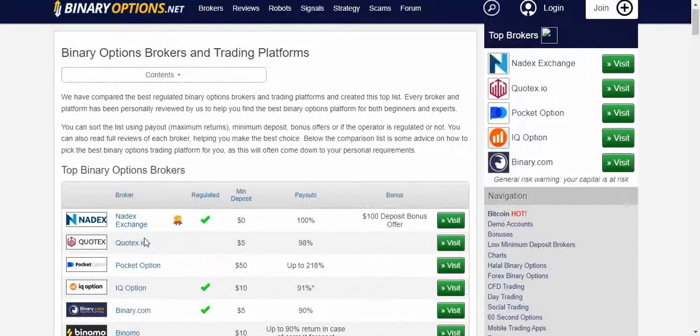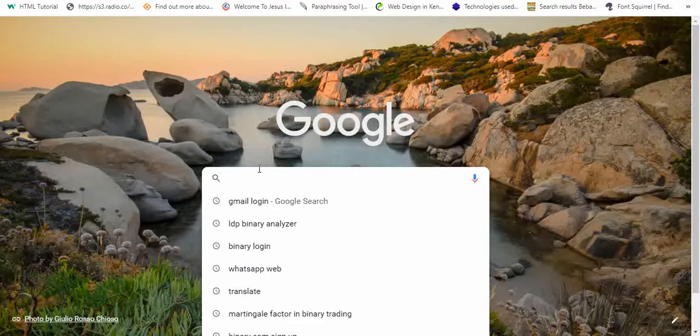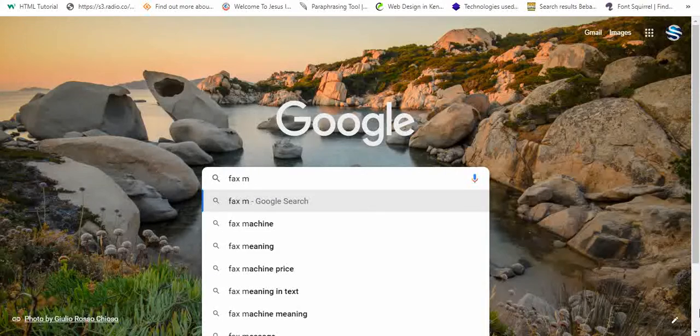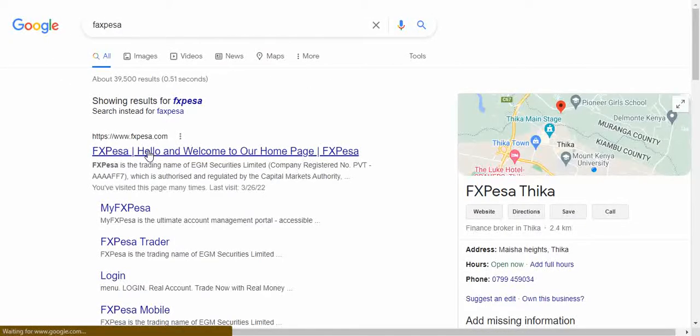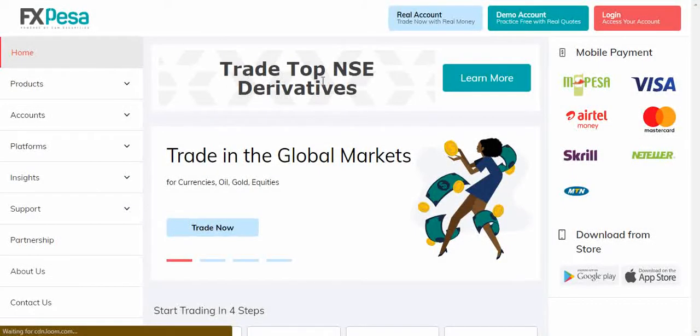We also have FX Pesa. This is also another broker, and so forth. So you find that these brokers offer binary options trade. So make sure you're just on the right platform.